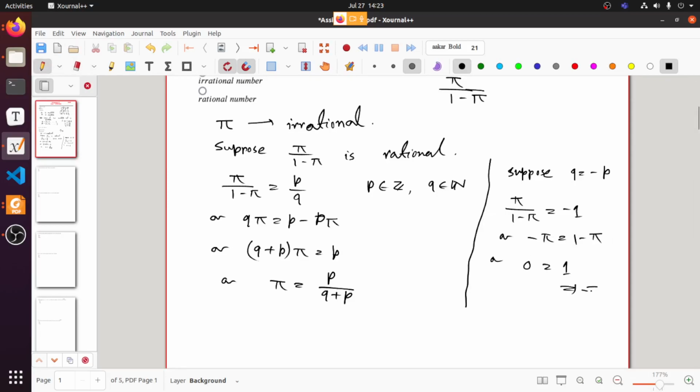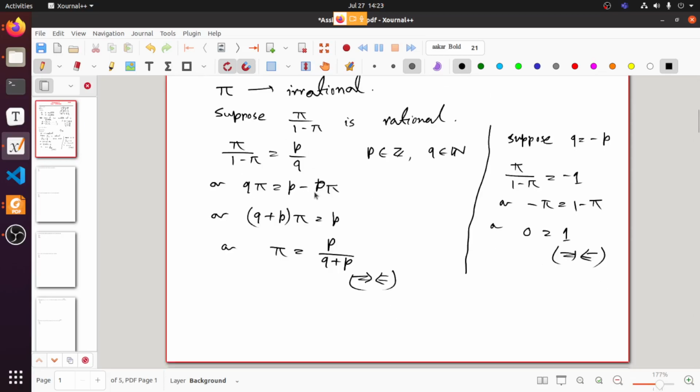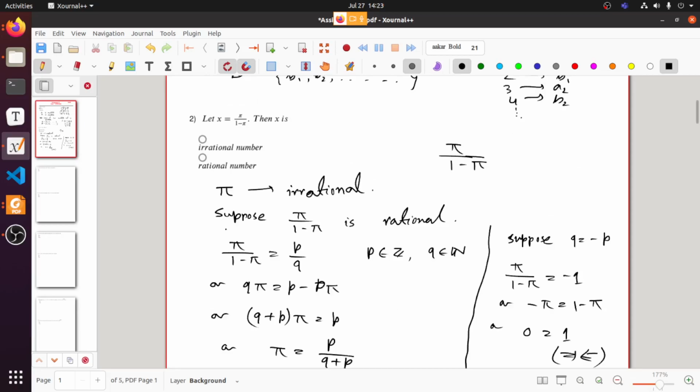This is not true, a contradiction. So q cannot equal minus p. As p is an integer and q plus p is again an integer, p by (q plus p) is a rational number. So if we assume this is rational, we arrive at pi being rational, which is a contradiction, as we know pi is irrational. So pi by 1 minus pi cannot be rational. Hence pi by 1 minus pi is irrational.